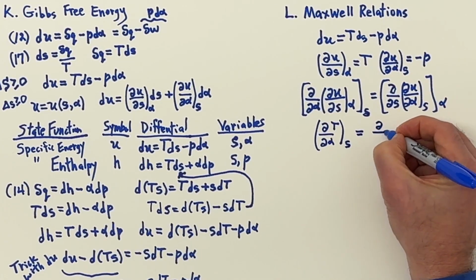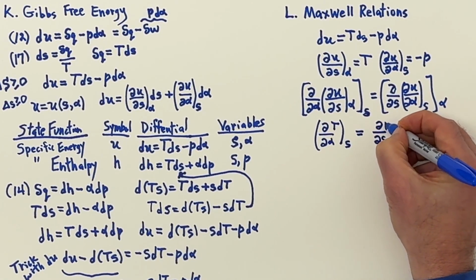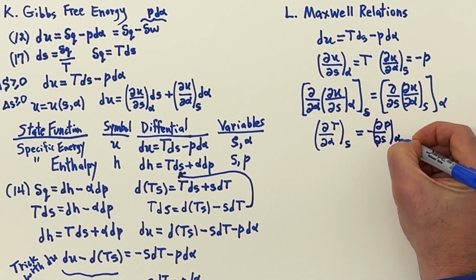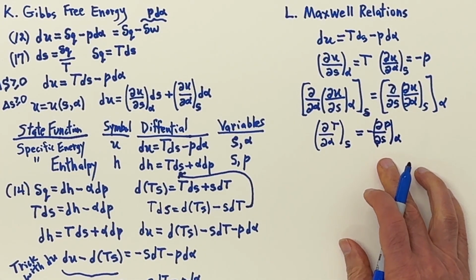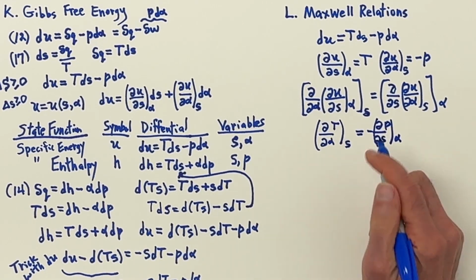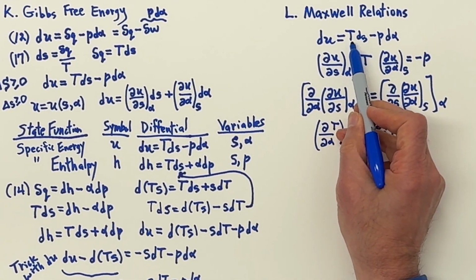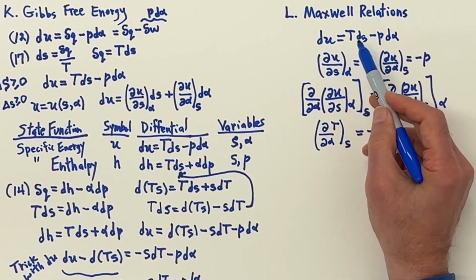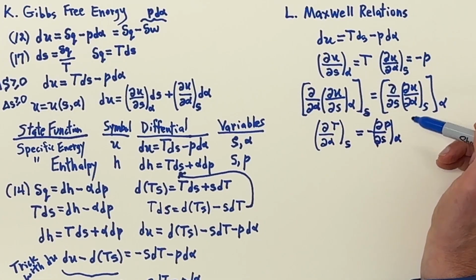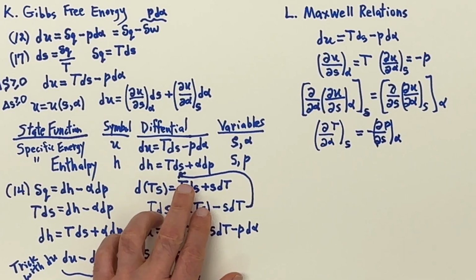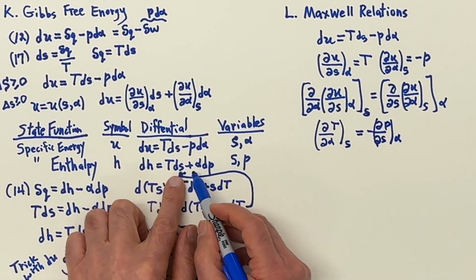So that would be d ds of minus p, and that's at constant alpha. So this is a Maxwell relation. Isn't that cool how we get that? We basically take the derivative of the T with respect to the alpha, the other one, and take the derivative of the p with respect to s on the other side. So doing that, we can find another relation for the second case.